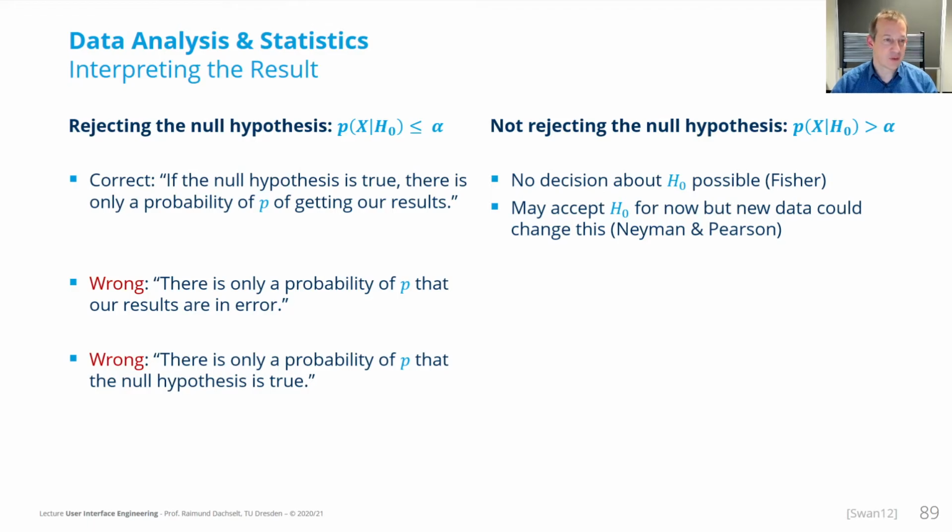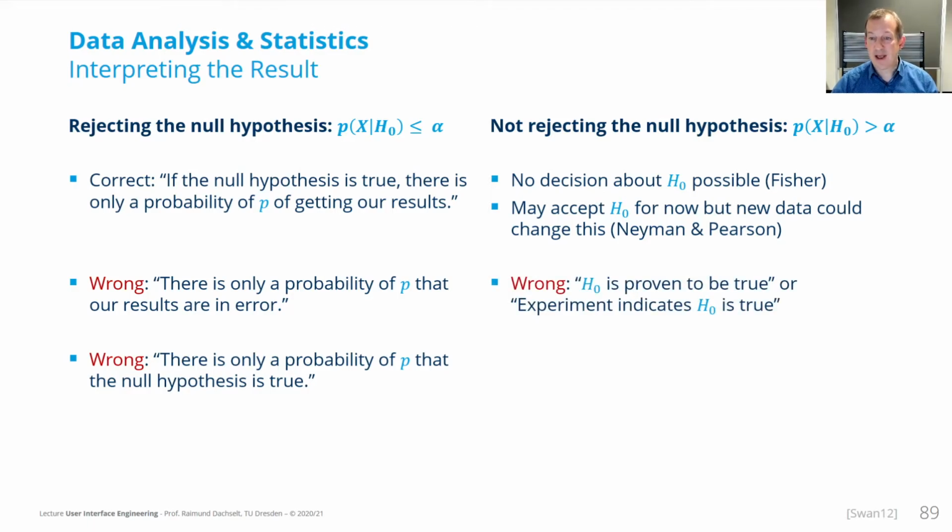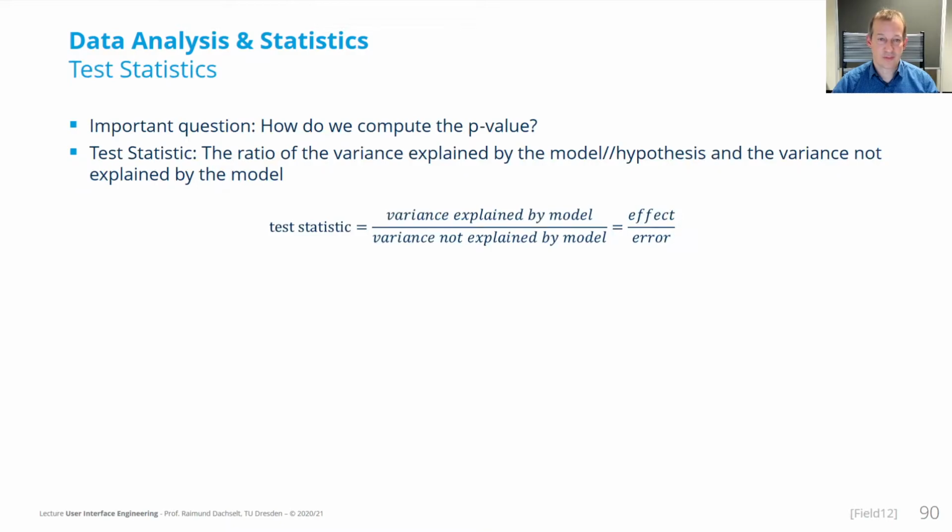So we can't really tell anything about that. And it's wrong to say H0 is proven to be true, or the experiment indicates that the null hypothesis is true. That's very important to consider in your mind. So remember, always test your hypothesis indirectly. That's the idea.